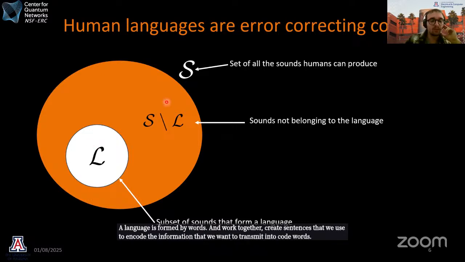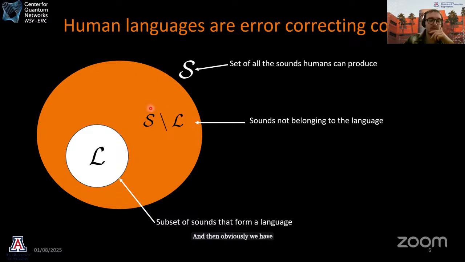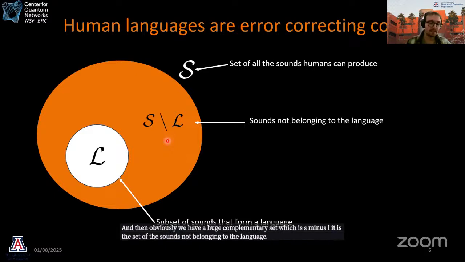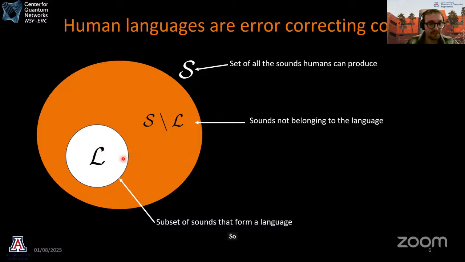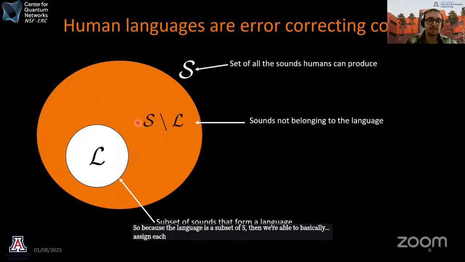And then obviously we have a huge complementary set, which is S minus L. It is the set of the sounds not belonging to the language. Because the language is a subset of S, we're able to basically assign each element in this set S minus L to an element of L, as it will be much clearer later.